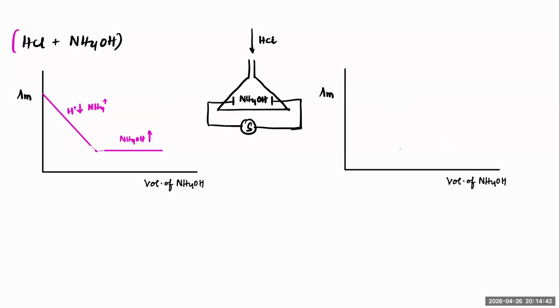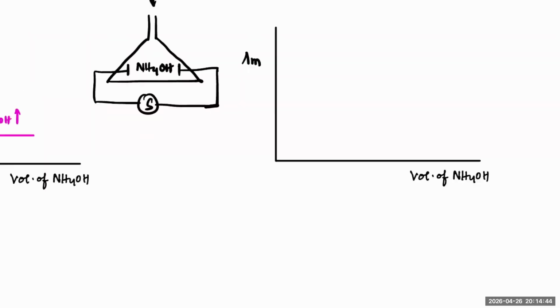So initially we had NH4OH. This would be exactly similar to the case we have done for weak acid and strong base. So initially there will be a small decrement here, and thereafter it will start increasing and it will reach a neutralization point. From there it will start rising up. Okay, correct. This is the neutralization point.